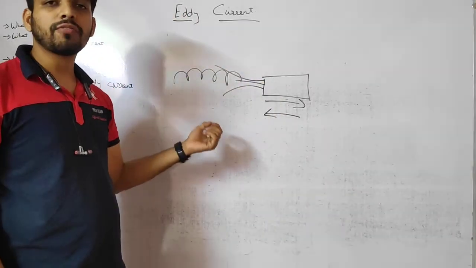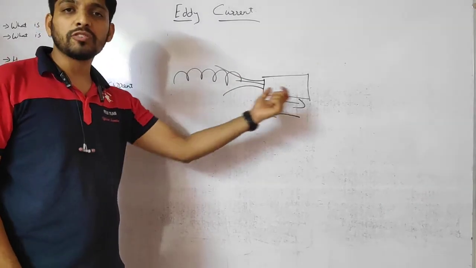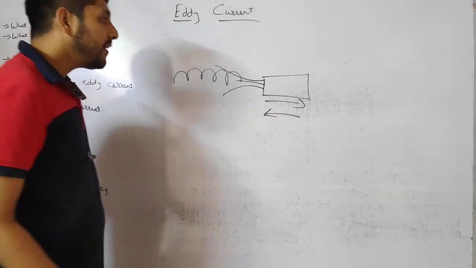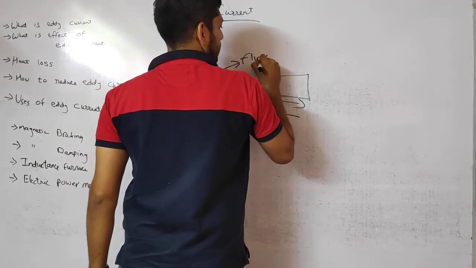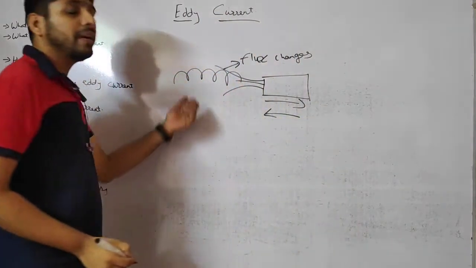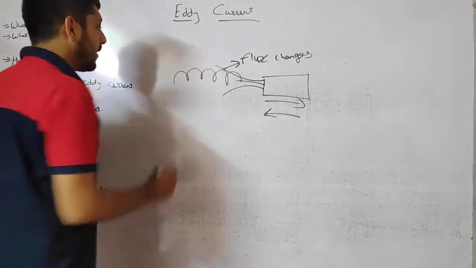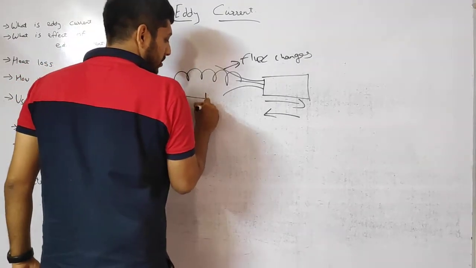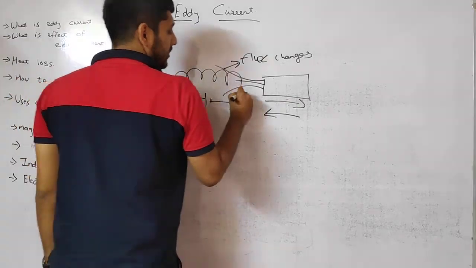If the magnetic flux changes, then there will be induced EMF in the coil, and if we attach it to a circuit, then there will be induced current also inside it.